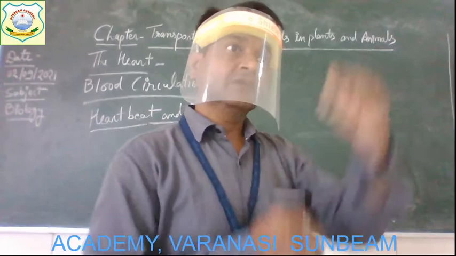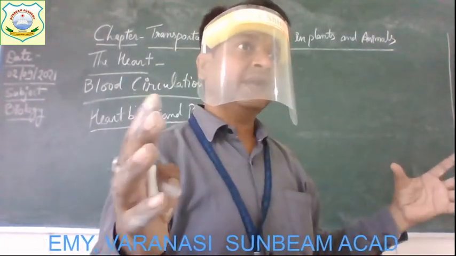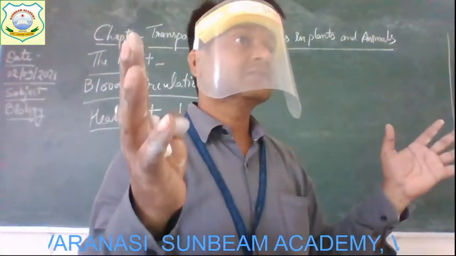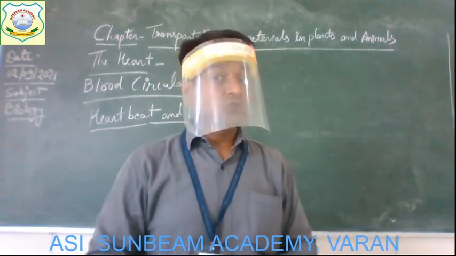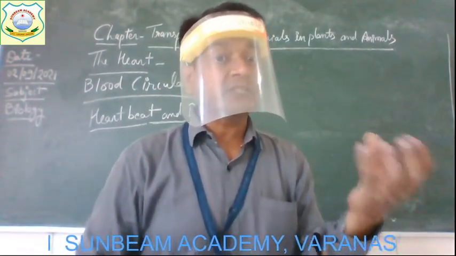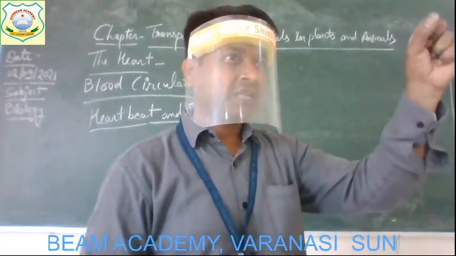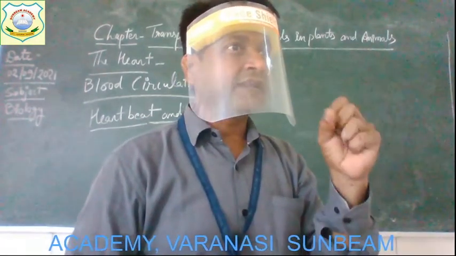At a time, the auricle contracts and the ventricle expands, and then the ventricle contracts and the auricle expands. Understood now? So the two ventricles contract a fraction of a second later. There is a difference in expansion and contraction of the auricles and ventricles.